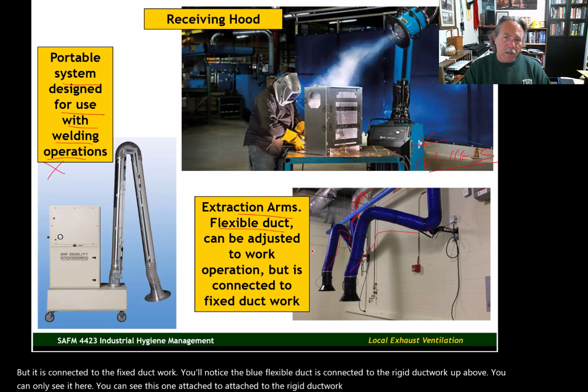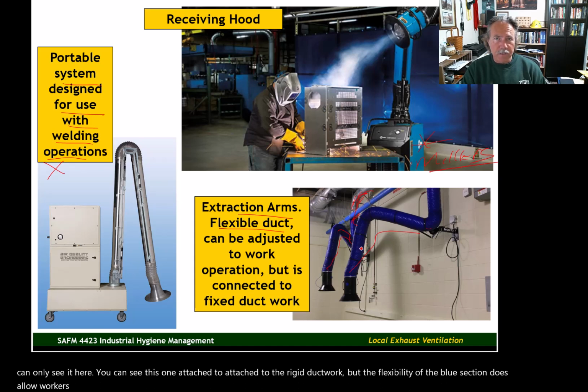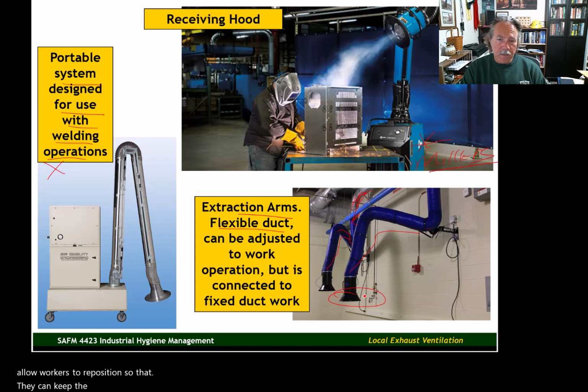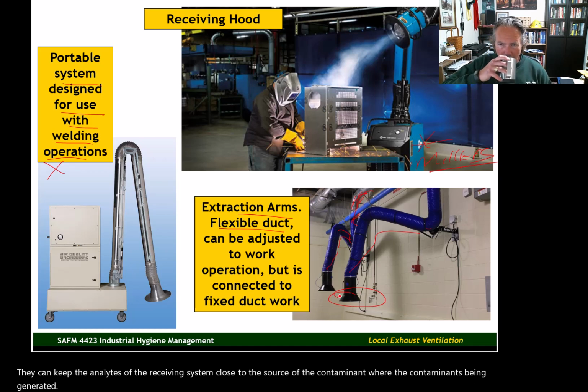But the flexibility of the blue section does allow workers to reposition so that they can keep the inlet of the receiving system close to the source of the contaminant, where the contaminant's being generated.